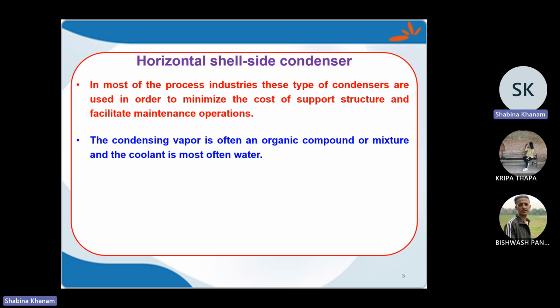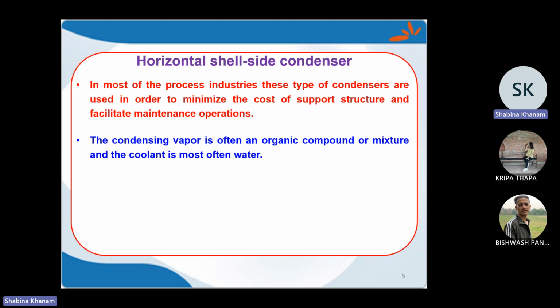Shell side condensation, as I have told you, whatever bad we used to do, that we used to do with the tubes. So please keep in mind, if vapor is corrosive in nature, then only it will be allocated to tube side, otherwise always it will be allocated to shell side, because the coolant will be water.